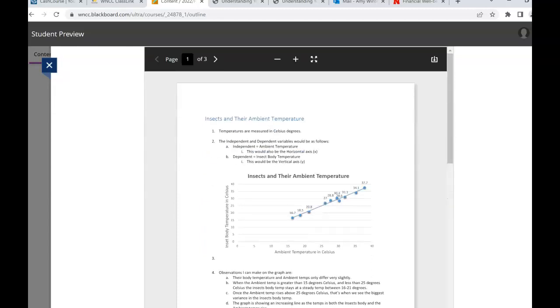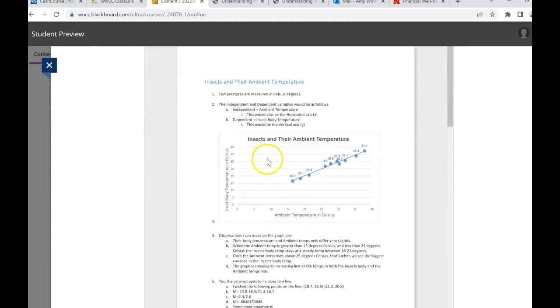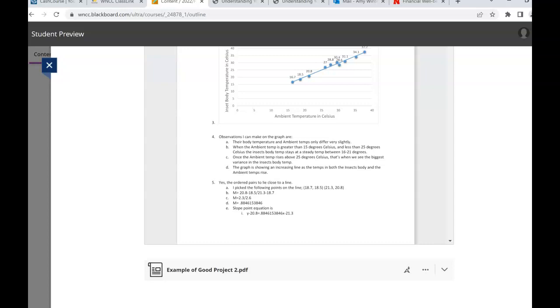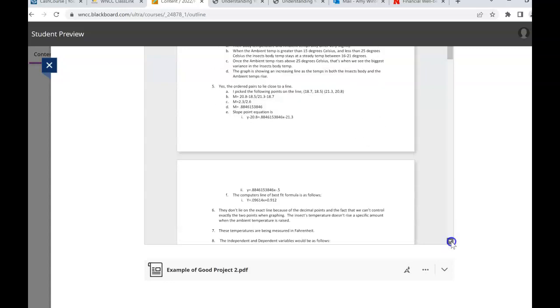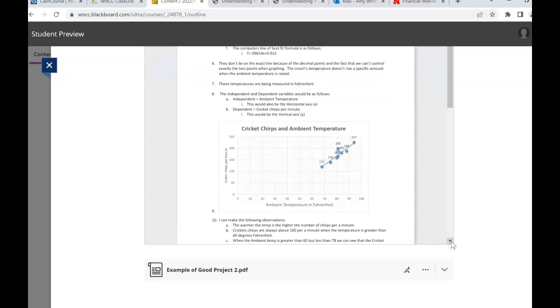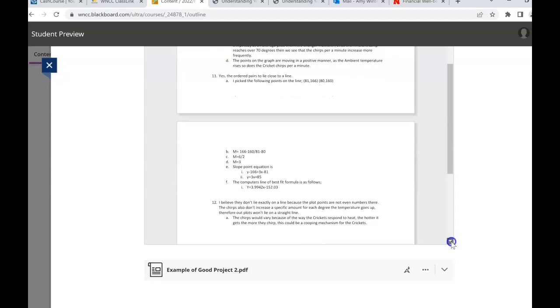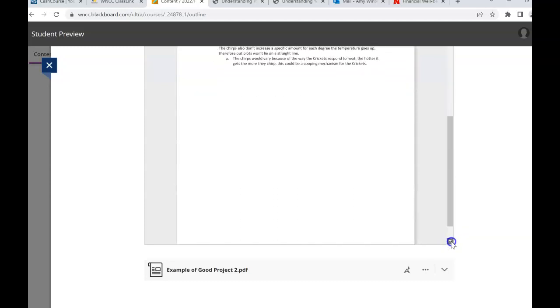So this one is insect in their ambient temperature. So the first question says they're explaining it. They had to put a bar or line graph in here. So look at the explanation in these. They're talking about the points they picked. They're talking about calculating the slope, step by step work, another graph. Again, more calculations on the slope, and then finding the point slope equation.